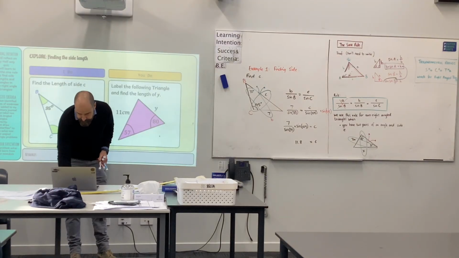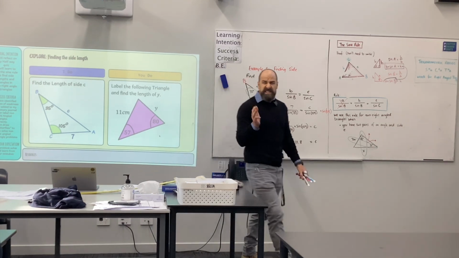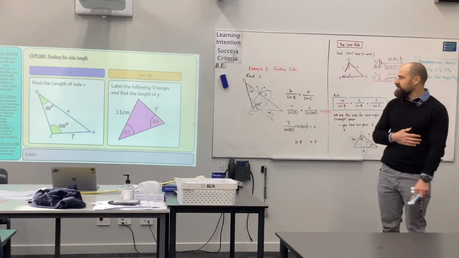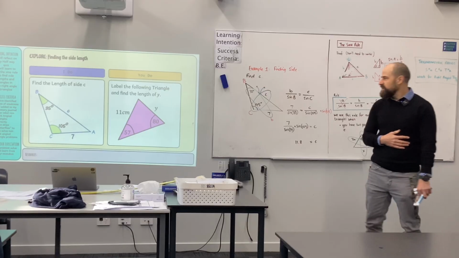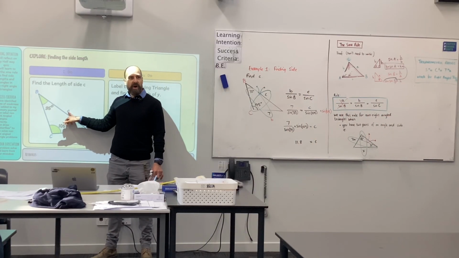Now, have a look at your diagram. Does 11.8 seem like a reasonable answer for c in that diagram? Yeah. I think so. One thing to note, the longest side will always be opposite the largest angle.